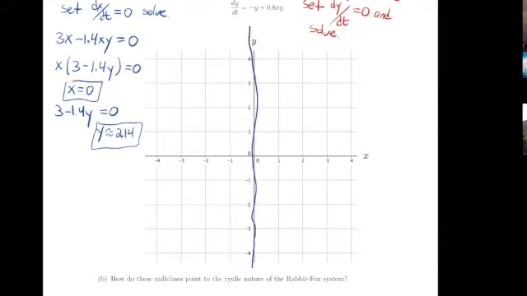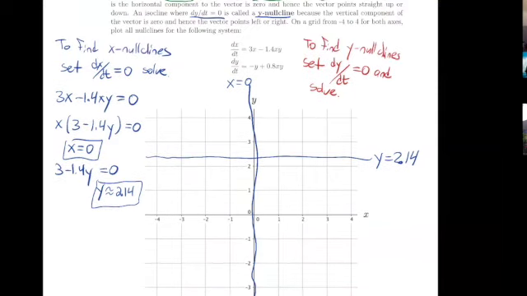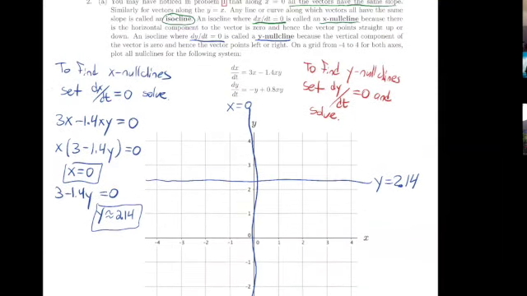Okay, so I'm going to draw my nullclines in. So here's x equals 0. And here is y equals 2.14. So there's a two-step process, let me say. Step one is set this equal to 0 and figure out what the nullclines are.